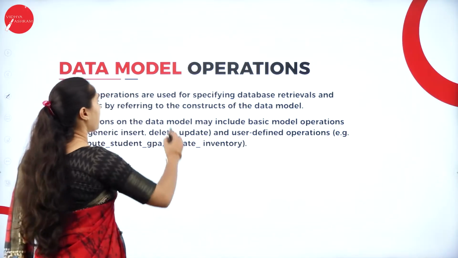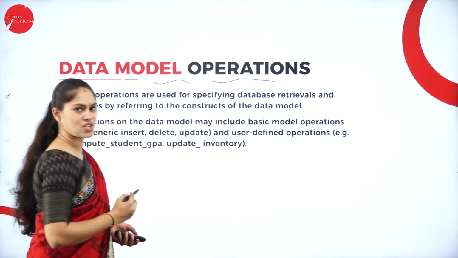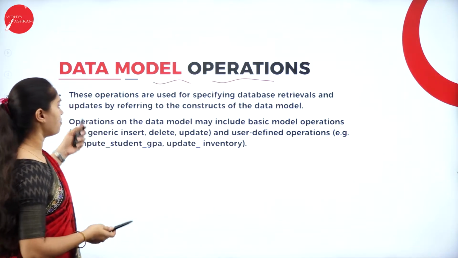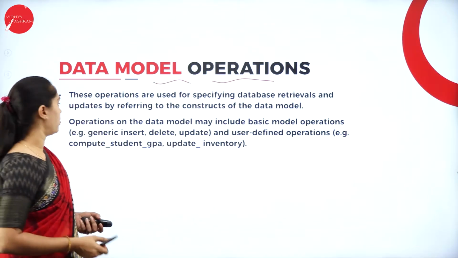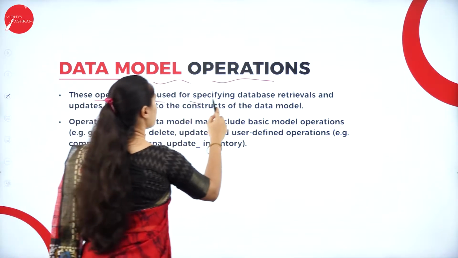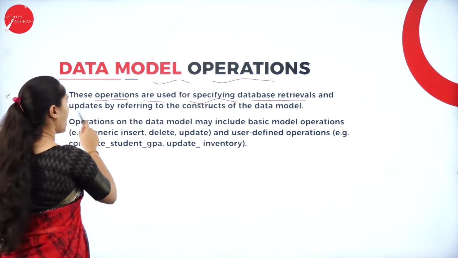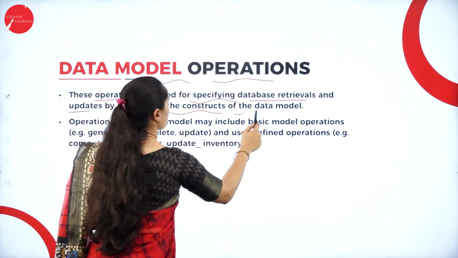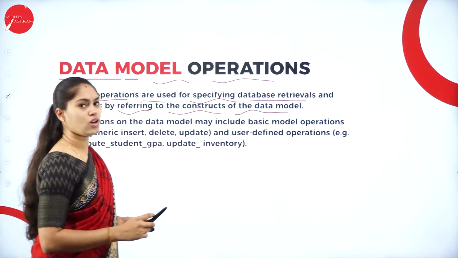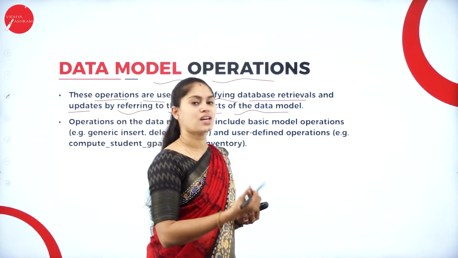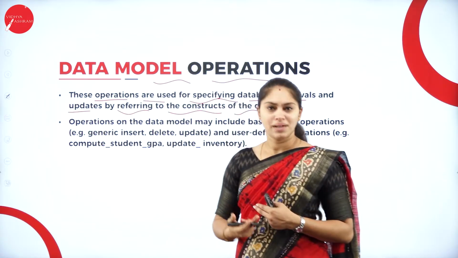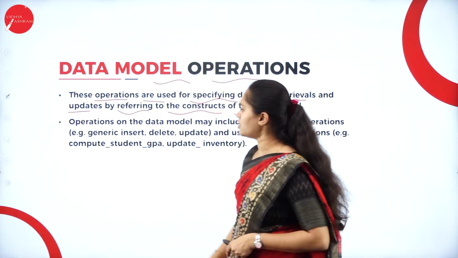Next, as I told, we have operations. What kind of operations can be performed by the data model? These operations are used for specifying database retrievals, where I am fetching some data, and updates, by referring to the constructs of the data model. Operations include retrieval of data or updating of data.